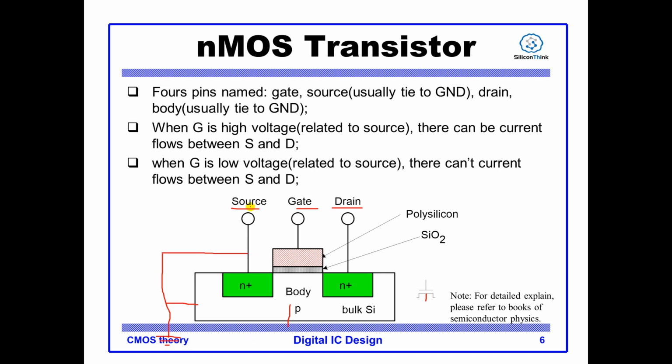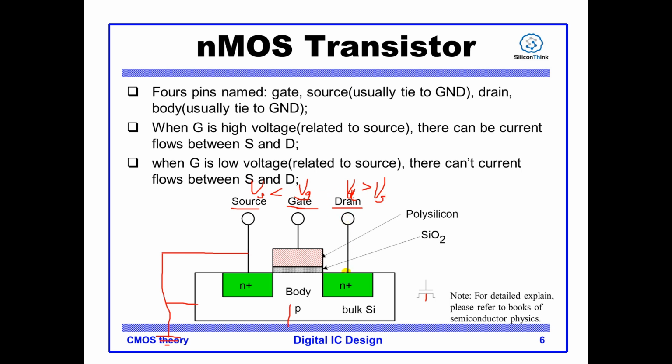Then the behavior of NMOS is, if you have higher voltage on the gate than source, then there can be current flow from drain to source, and there must be voltage on drain. The voltage on drain must be higher than the voltage on source.